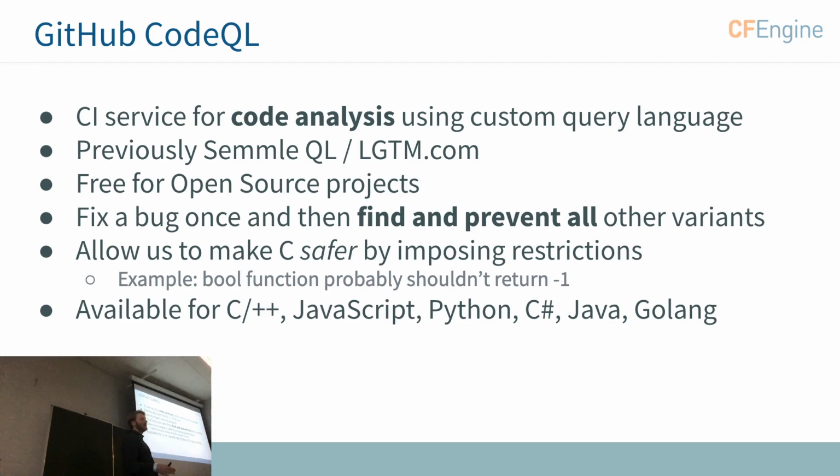The basic idea, and what's really nice for us, is that you can fix a bug and then make a query to ensure that all variants of that problem are fixed, and it will run on all PRs to ensure that nobody reintroduces a similar bug in the future.